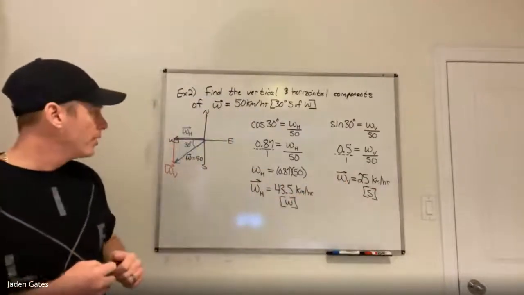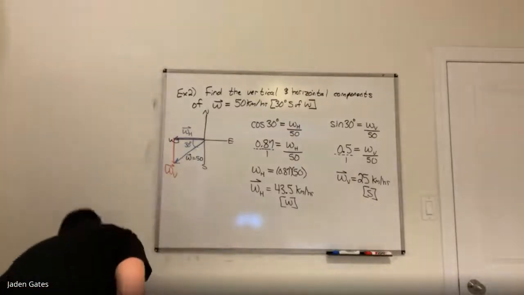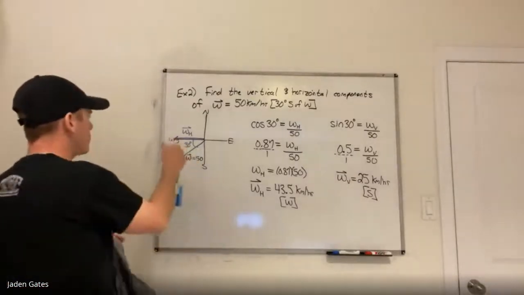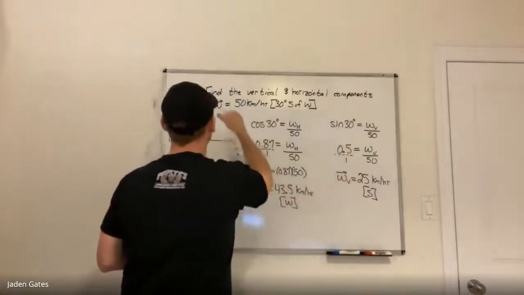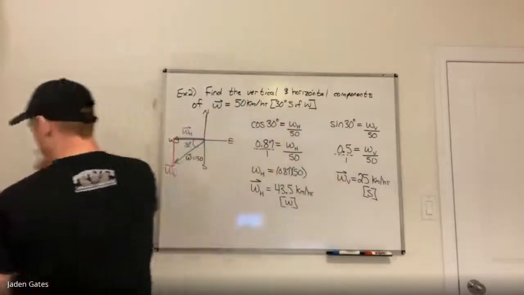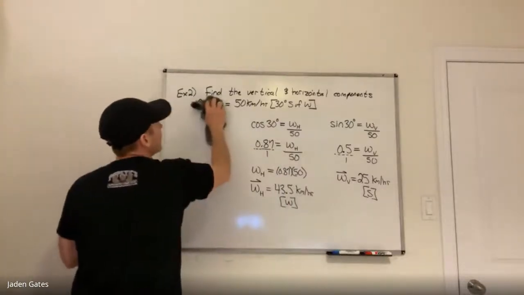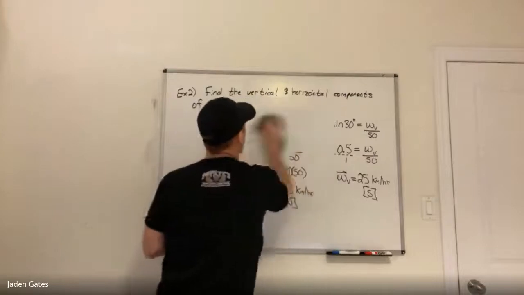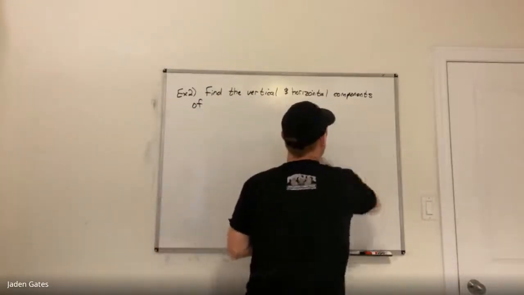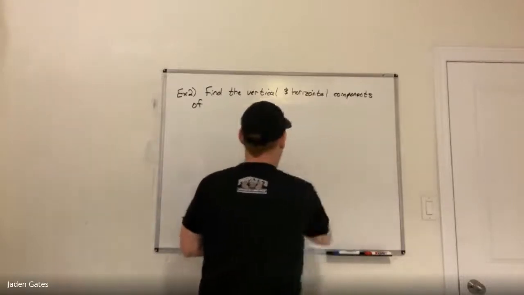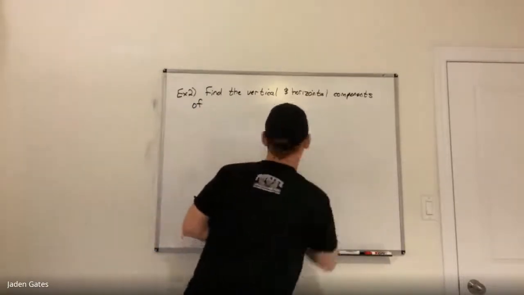All right, so I'm going to do another one of those, breaking our vector apart. And so let's get rid of this stuff here. All right, so let's see here. We're going to find the horizontal and vertical components of a new vector. Let's see. I don't have this in my notes, so I'm just going to make one up. I'm going to have a vector.